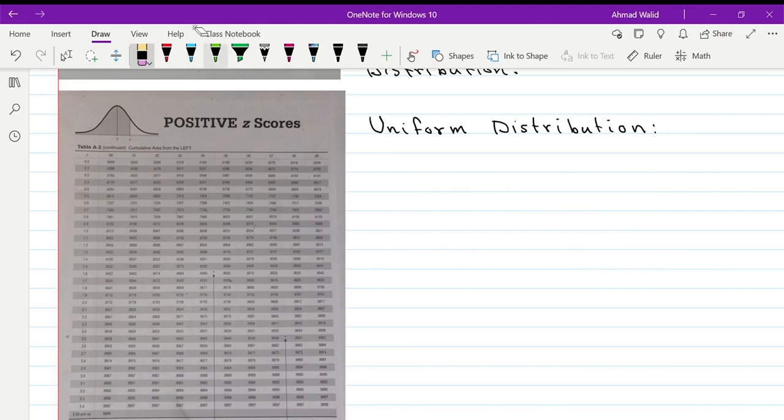The word uniform means the same, like a military uniform, right? It means everything is the same. Then what is a uniform distribution?